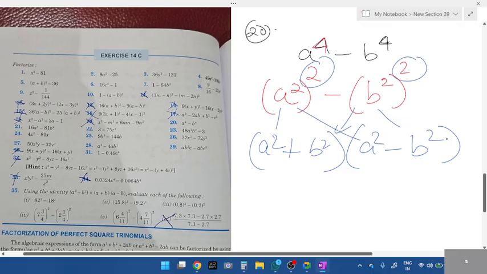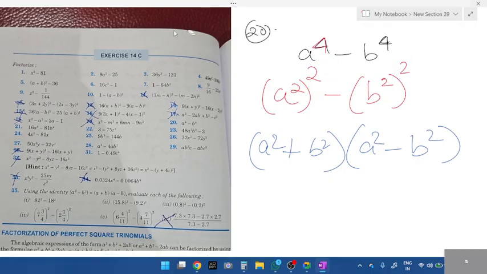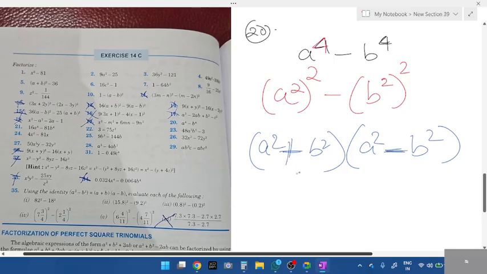Now, we are not done with the question. There is one more step in this. Till here, is it clear, all of you? Understood? Now we have two values, students. Which one can we further factorize, a square plus b square or a square minus b square? Which one has a formula?